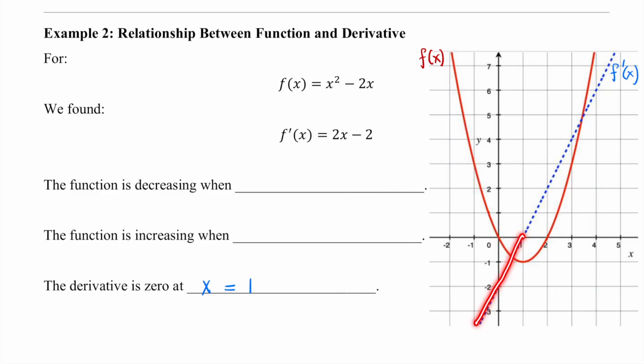And when the slope is negative, the function is decreasing. So that means my original function f of x is decreasing for all x values less than 1. If you look at the red curve, it's decreasing for all x values less than 1. So the function is decreasing when x is less than 1.